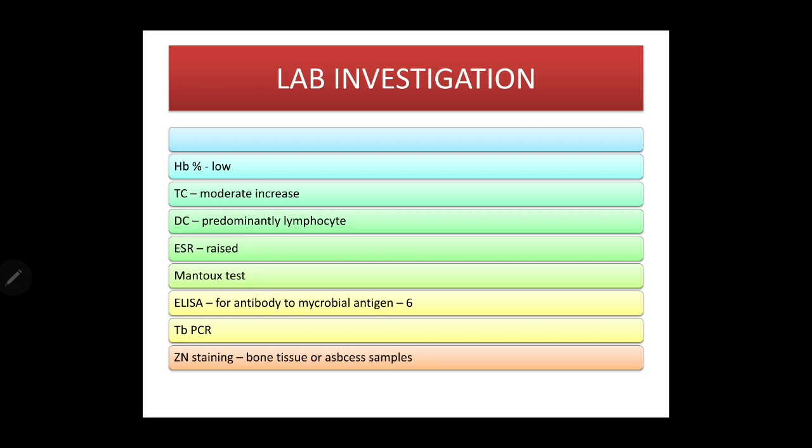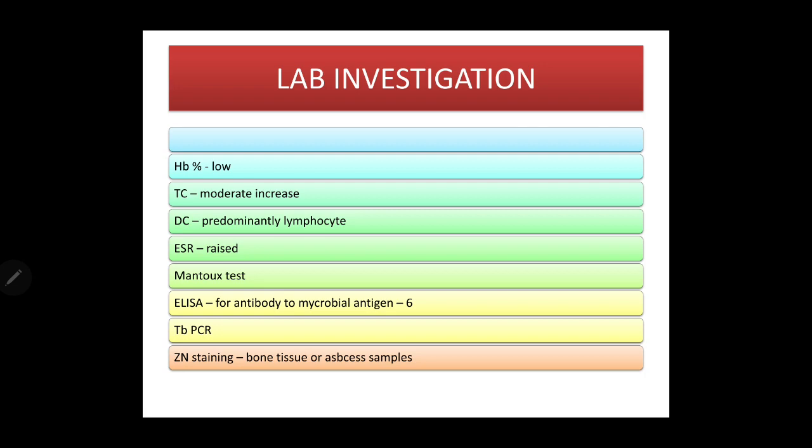The Mantoux test, with the reading done after 72 hours, would give you an idea of whether the patient is infected, or had an infection in the past, or is immunized with BCG.